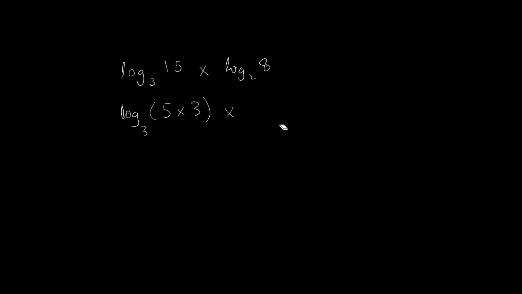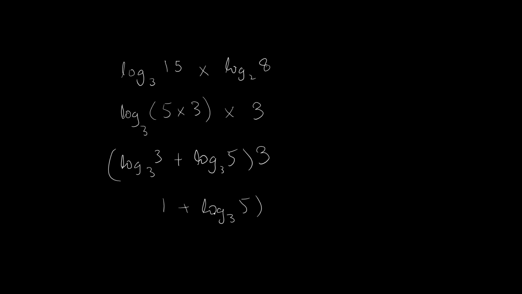Log base 2 of 8 is simply 3, and when you simplify this one, it would be log base 3 of 3 plus log base 3 of 5 times 3. Remember to put these brackets because otherwise you can get a wrong answer. So 1 plus log base 3 of 5 times 3.